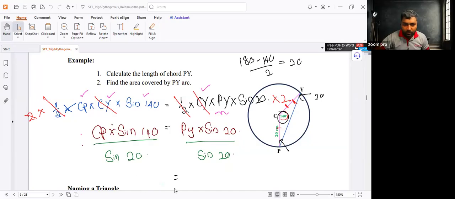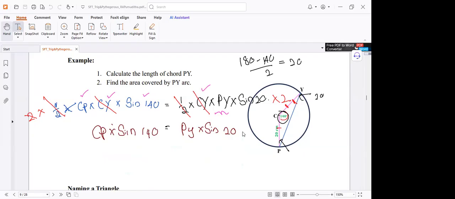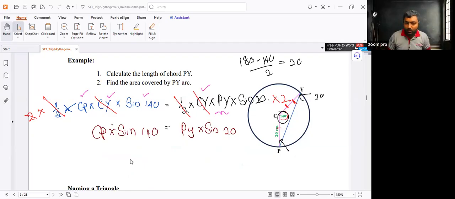You are asking about from up to here, is it okay? Yes, from the previous step. From here we have to find PY, no? From here we have to find the value for PY. So here PY into sine 20 is there. To make the subject PY, I have to isolate this PY on one side.